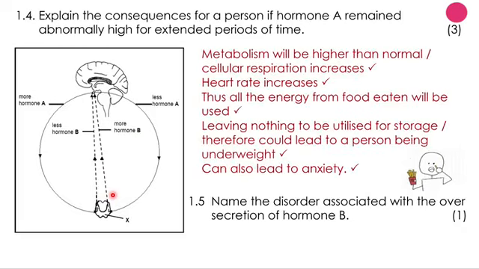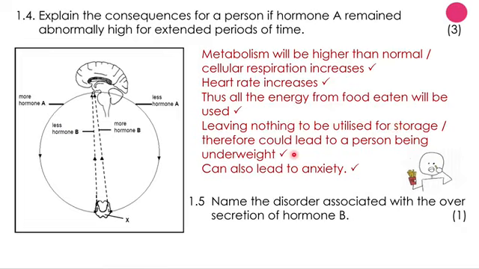So that results in metabolism being much faster and much higher than normal. So their metabolism will be higher, their heart rate will increase, they are going to basically burn the majority of the energy that they eat, and there will be very little energy that will be stored.